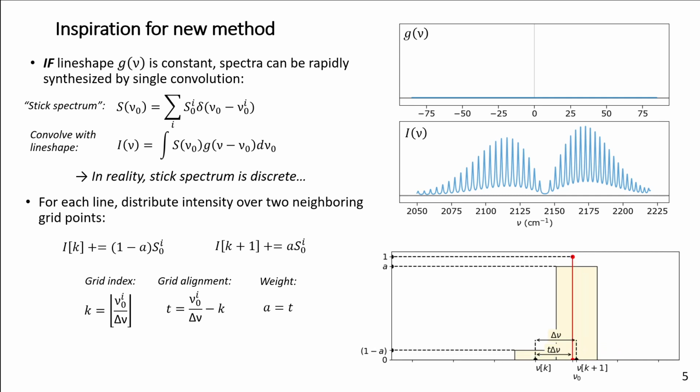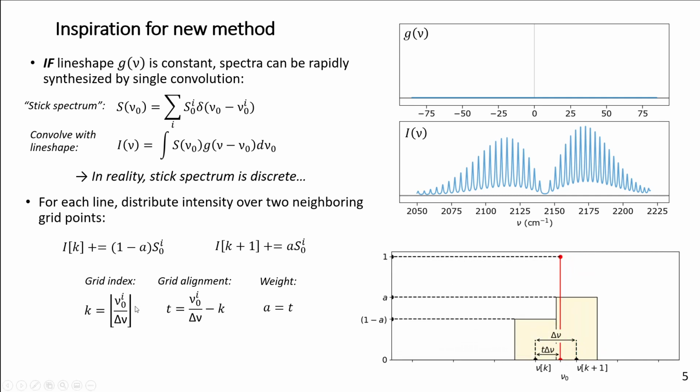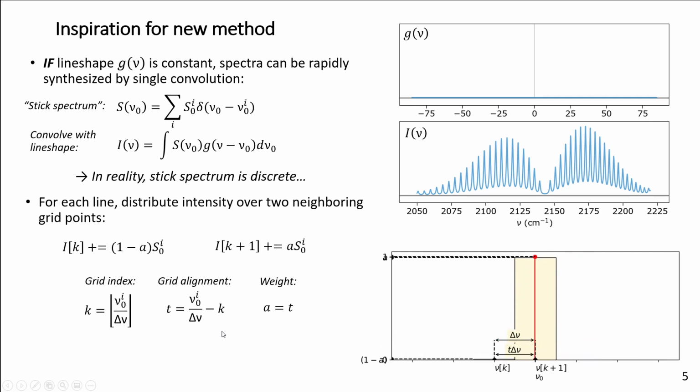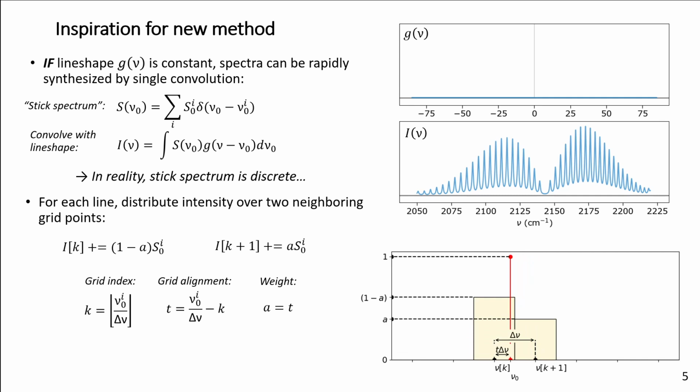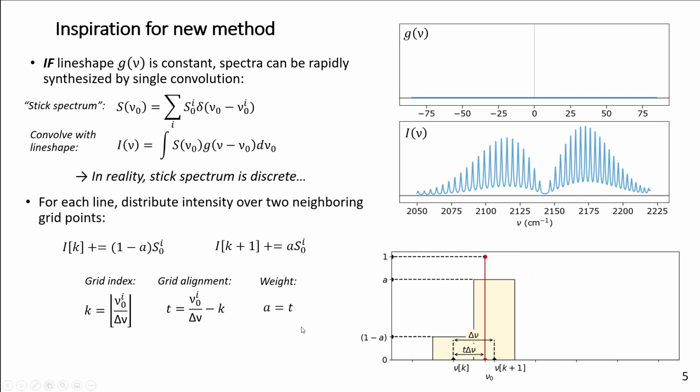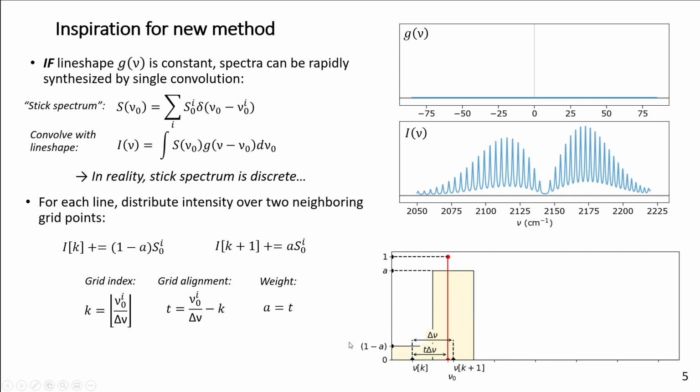With that, we can also calculate the grid alignment, which is a number between 0 and 1 that tells us where exactly between the 2 grid points the spectral line is. And by setting the weights of these bins to the same value as the grid alignment, we can effectively distribute the delta peak over the 2 nearest neighbor bins.